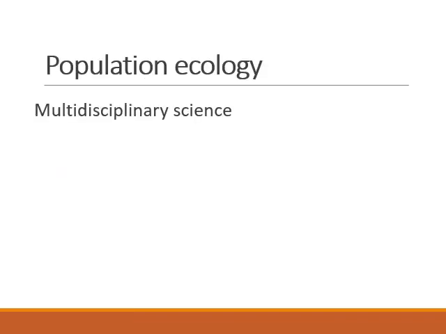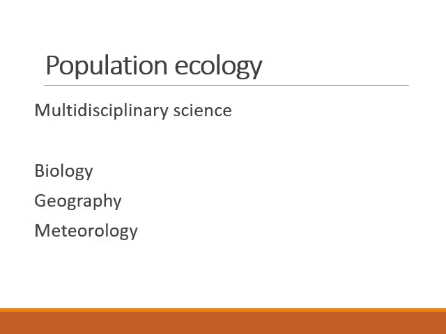Specifically, when we're talking about population ecology, which is what your chapter really focuses on, it's a multidisciplinary science, which means lots of different things go into it. We're looking at biology, geography, meteorology, mathematics, all sorts of different things.